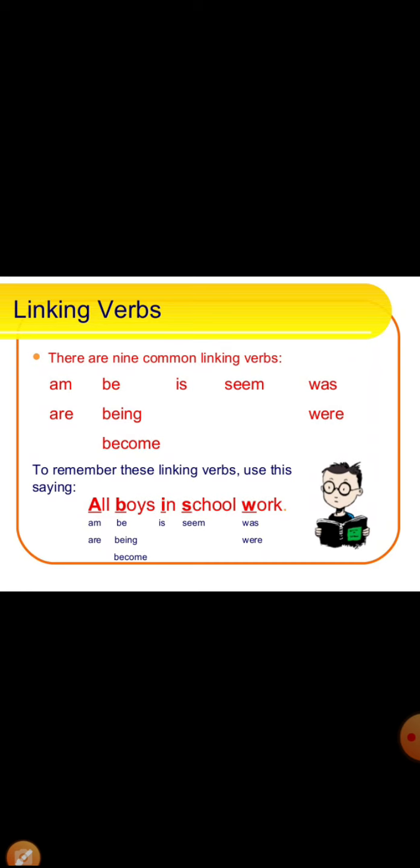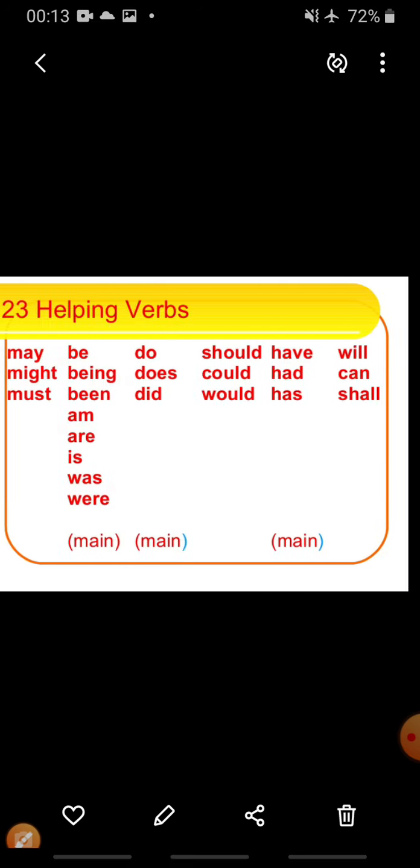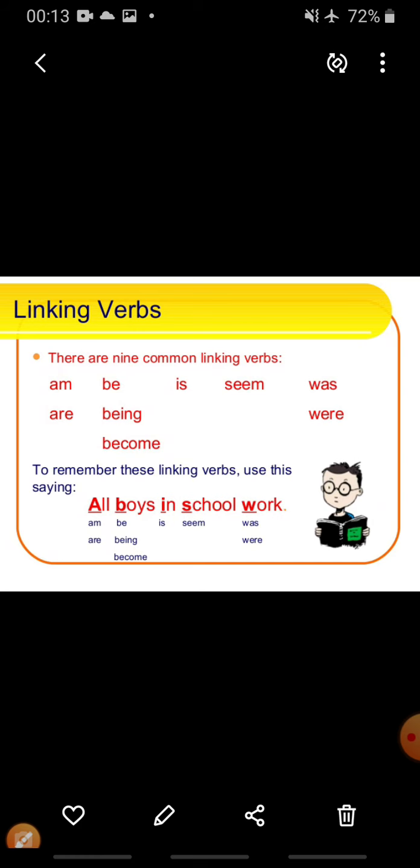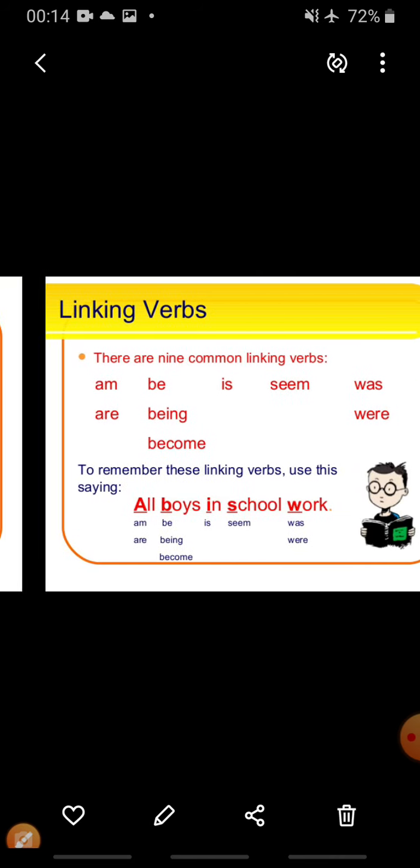Or you can remember like this: all boys in school work. Linking verbs are also known as verbs of incomplete predication, which express the condition or state of being.